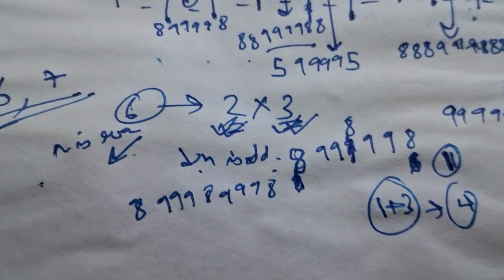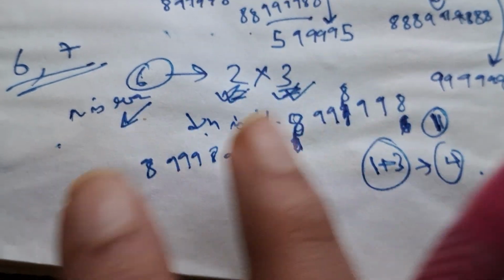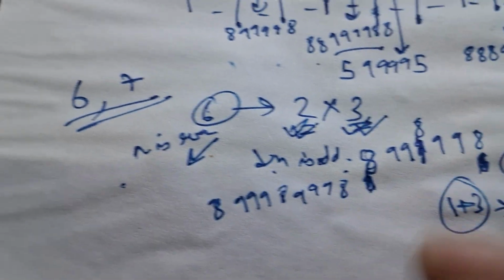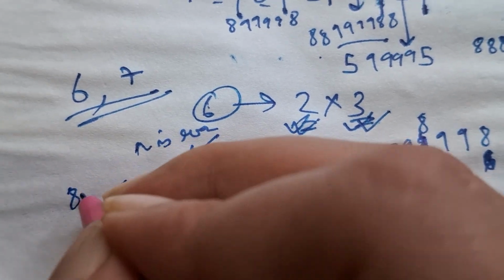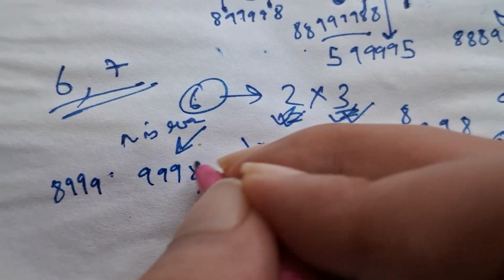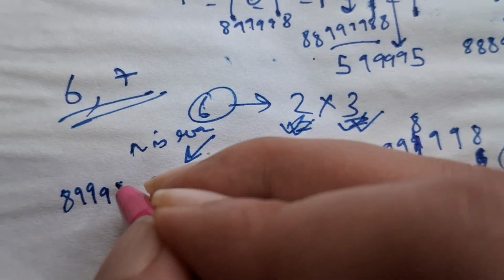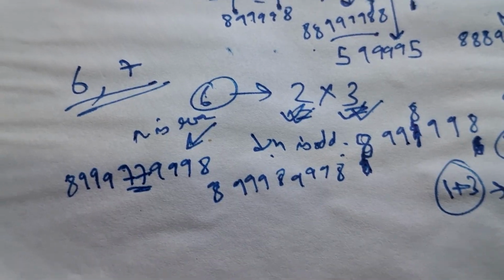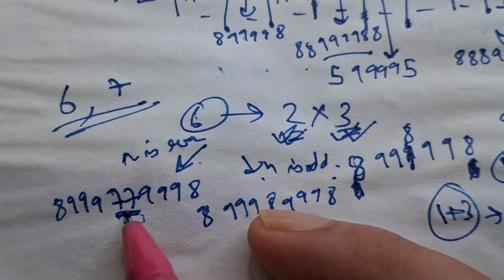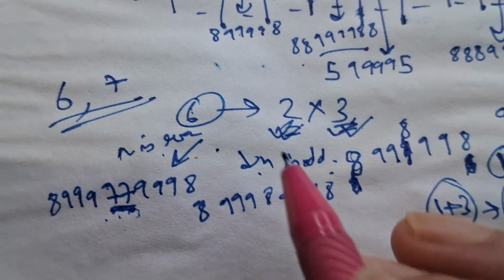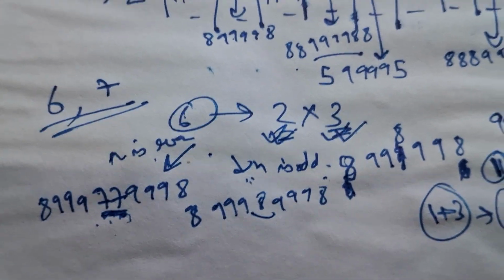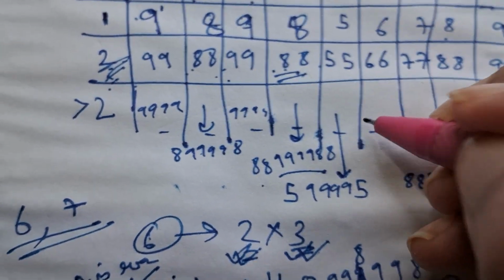If you're subtracting 4, that means for the 2 middle elements you subtract 2 from each. So it is going to be 8, 9, 9, 9, 9, 9, 9, 8, and the middle 2 elements are going to be 7, 7. So we either make the middle two elements 7 7 if n is even, and if n is odd, just change the middle element to 8. Clear? So we are done with 6 also.